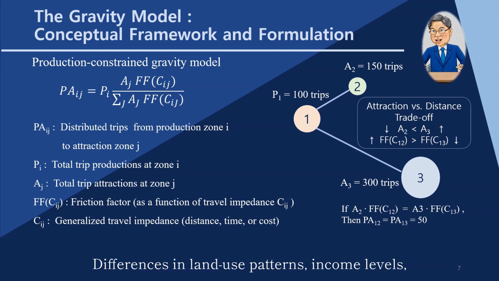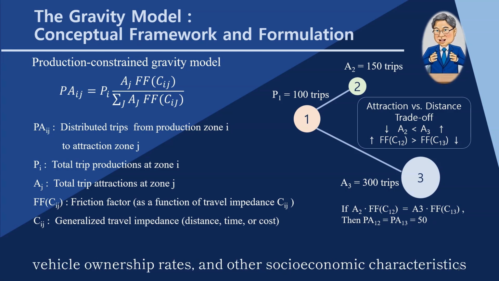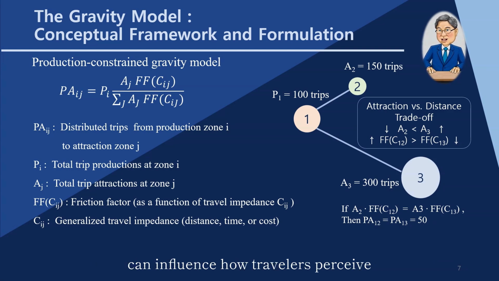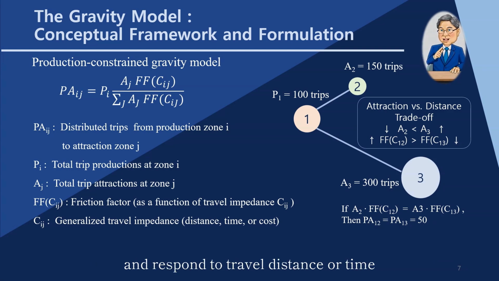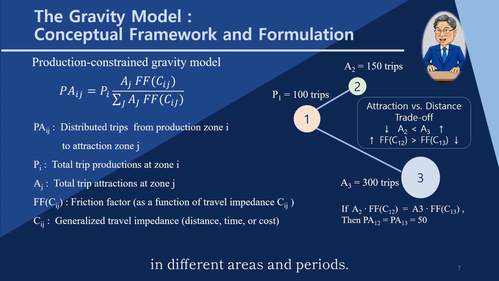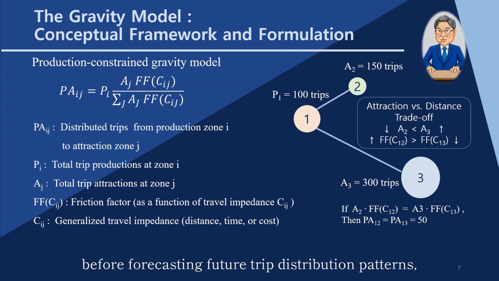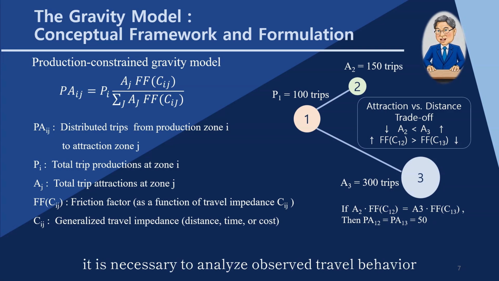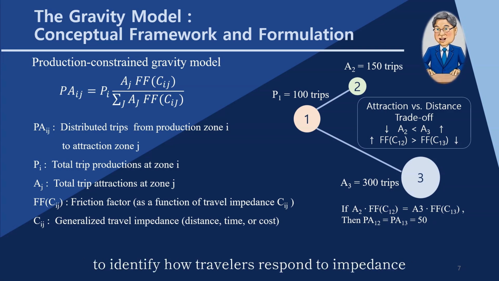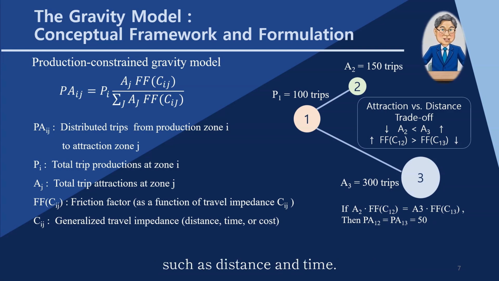Differences in land use patterns, income levels, vehicle ownership rates, and other socioeconomic characteristics can influence how travelers perceive and respond to travel distance or time in different areas and periods. For this reason, before forecasting future trip distribution patterns, it is necessary to analyze observed travel behavior in the base year to identify how travelers respond to impedance such as distance and time.